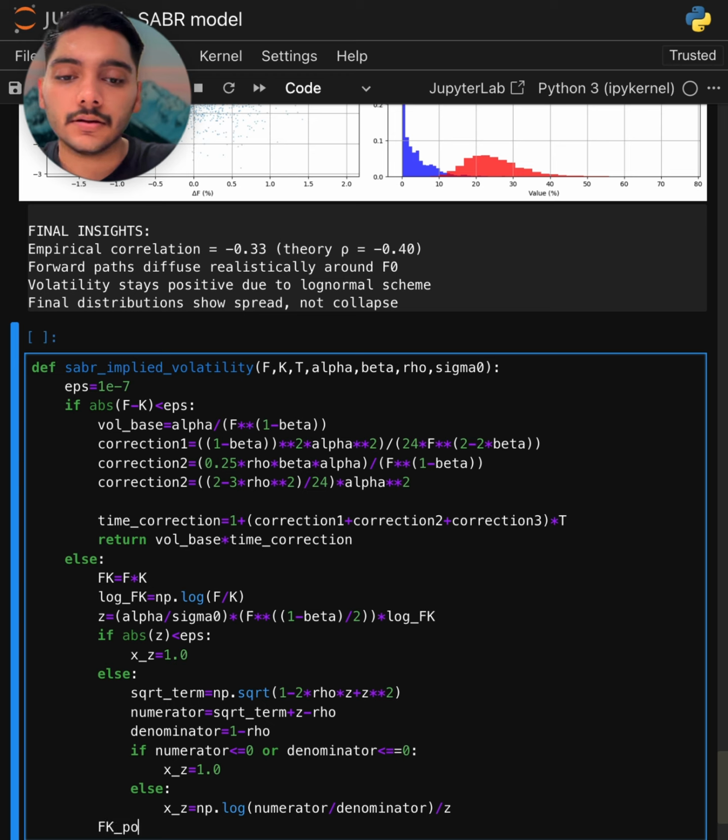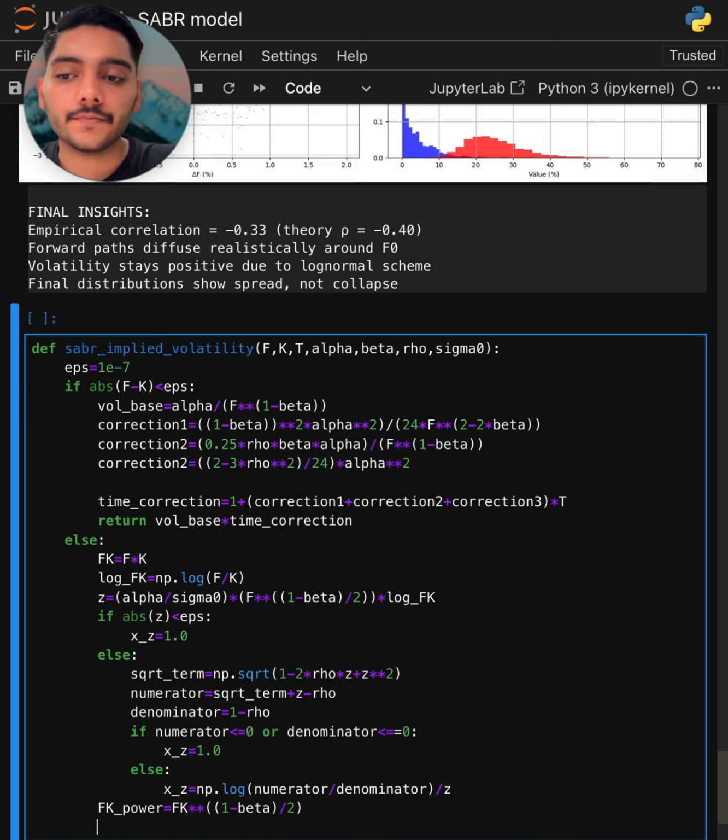fk power is equal to fk to the power (1 minus beta) over 2, and the backbone correction is equal to 1 plus (1 minus beta) to the power 2 divided by 24 into log fk to the power 2.